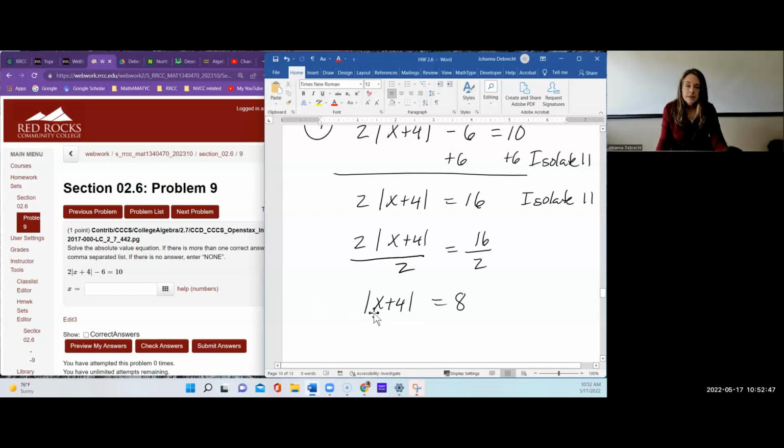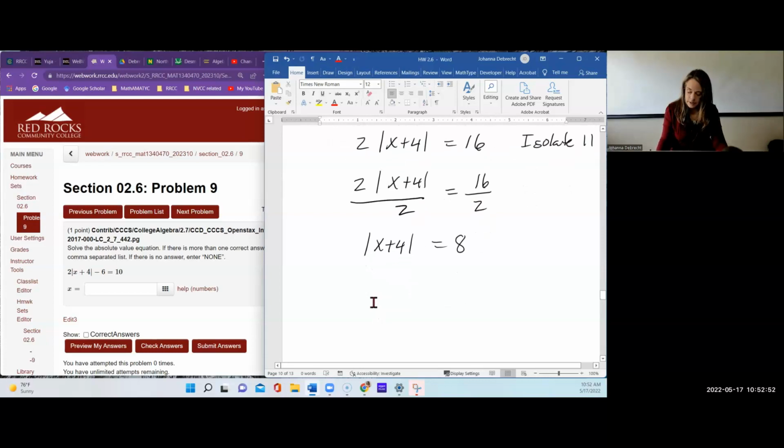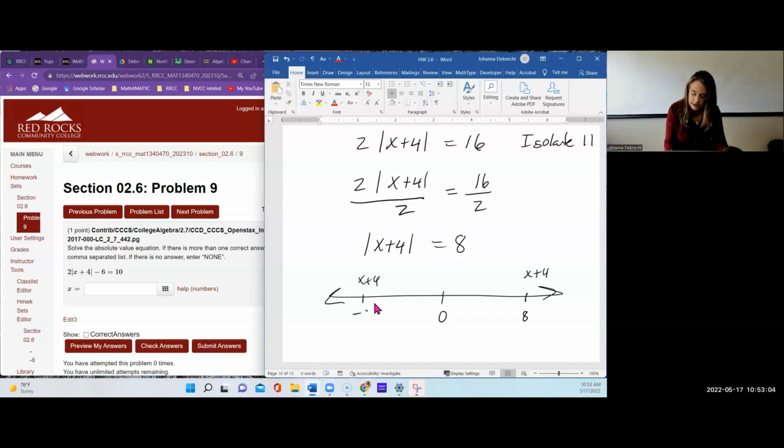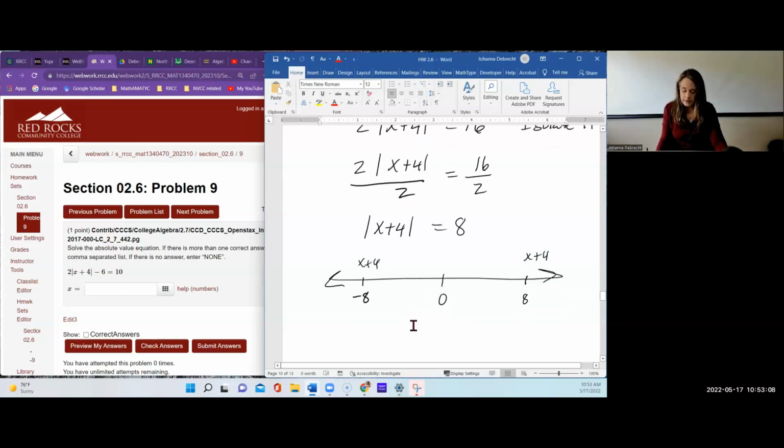My next step is to replace it with the distance from 0 on the number line. So when I think about the number line, I've got 0 in the middle, and this says that either x plus 4 is sitting up here at 8 or x plus 4 is sitting down here at negative 8. That's 8 steps away from 0 on the number line.